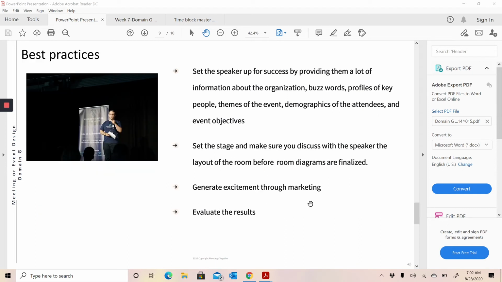And then best practices: set up the speaker for success by providing them all the information about your organization. Some buzzwords. In our industry, we have all of our acronyms that we use.